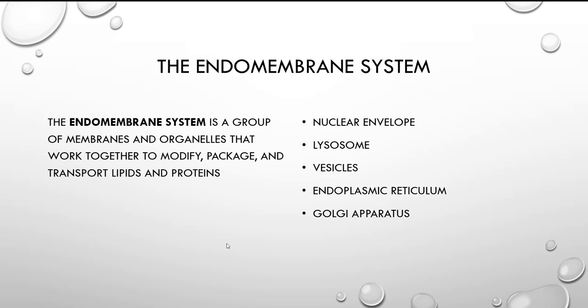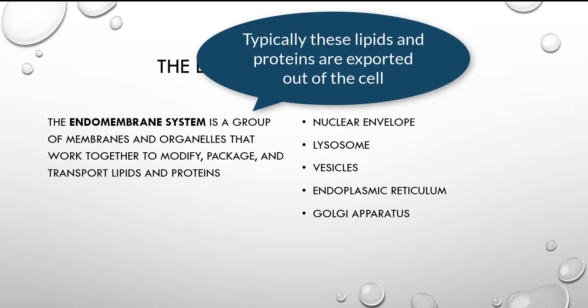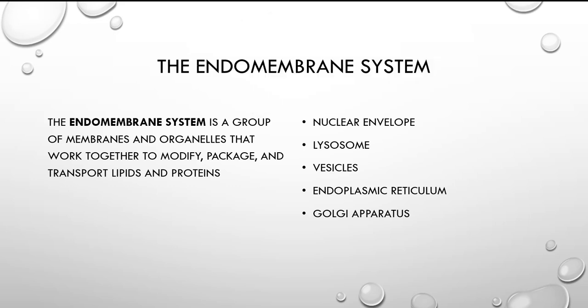Within our cell, we have something called the endomembrane system. Think of endo as within, so within the membrane system. The endomembrane system is a group of membranes and organelles that work together, and their purpose is to modify, package, and transport lipids and proteins. Typically they are transporting those lipids and proteins for export out of the cell. For example, in our bodies, cells secrete things.